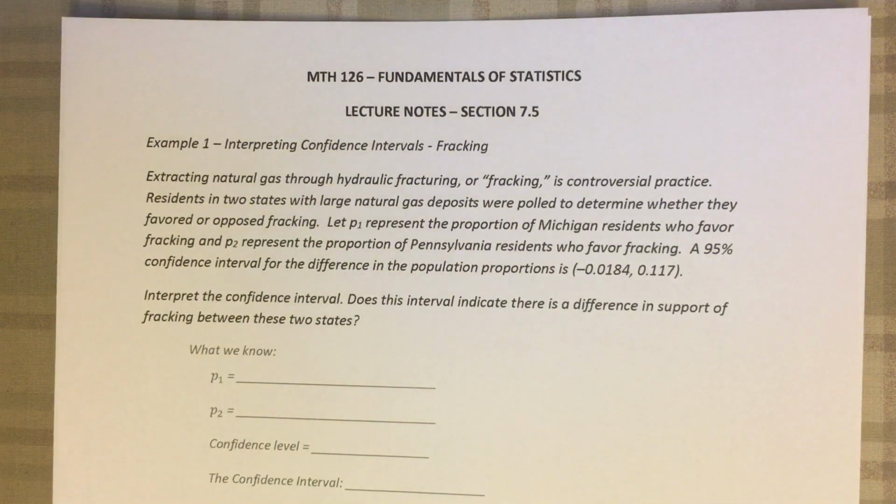Residents in 2 states with large natural gas deposits were polled to determine whether they were in favor of or opposed to fracking. Let P1 represent the proportion of Michigan residents who favor fracking, and P2 represent the proportion of Pennsylvania residents who favor fracking. A 95% confidence interval for the difference is shown, and it's given as negative 0.0184 to 0.0117.